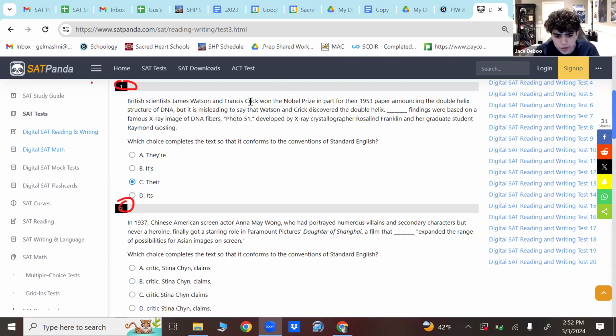So then it won't be A or B because we don't need that. Now, D doesn't work because D's a little too choppy. I would just go C. You don't need a pause at all.